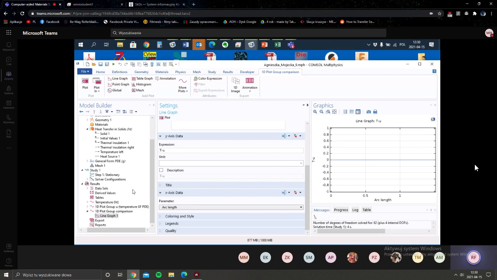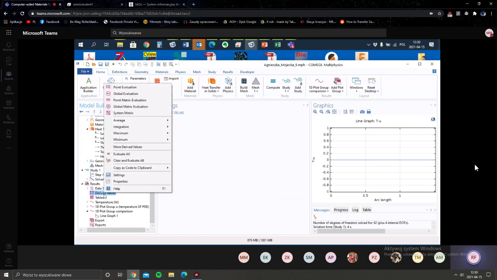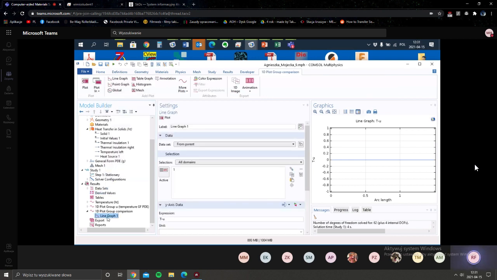If you really want to find out what the differences are in numbers, you can go to derived values here, right click, and let me see. I would like to find out the solution.